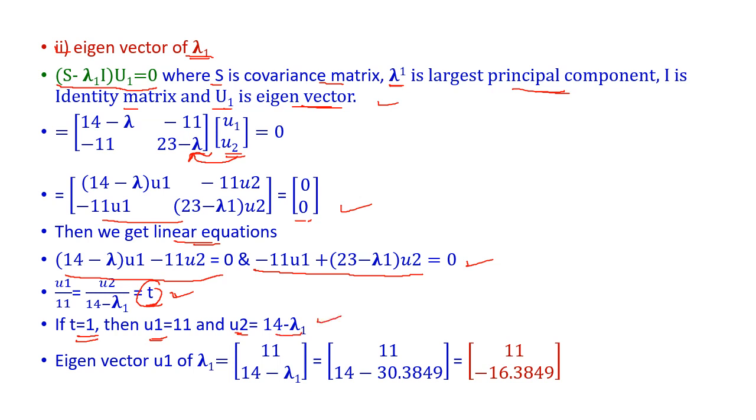So the eigenvector u1 of lambda 1 is equal to 11, 14 minus lambda 1, which is equal to 11, 14 minus the lambda 1 value, which we know is 30.3849, so which is equal to 11, minus 16.3849.